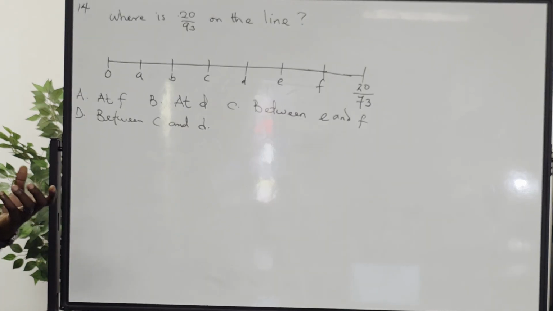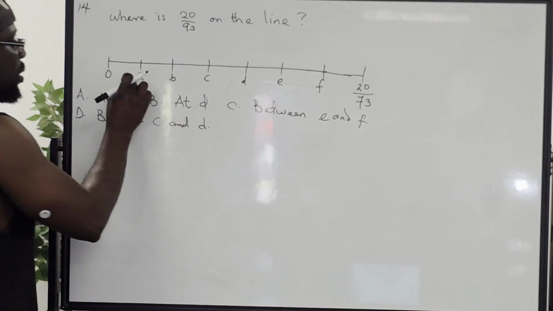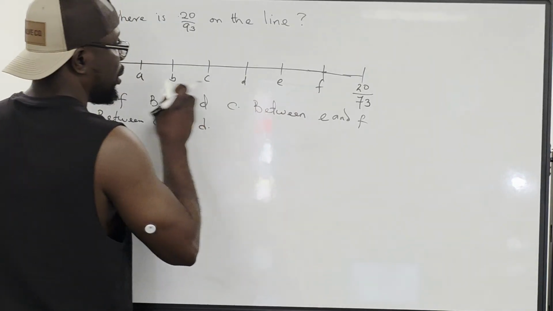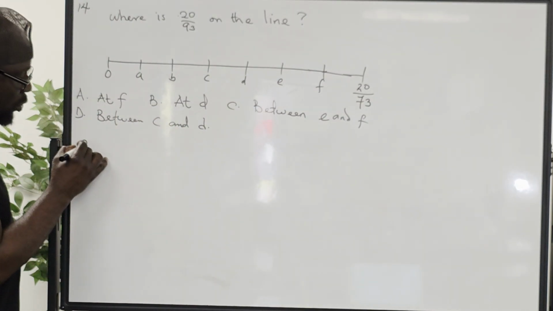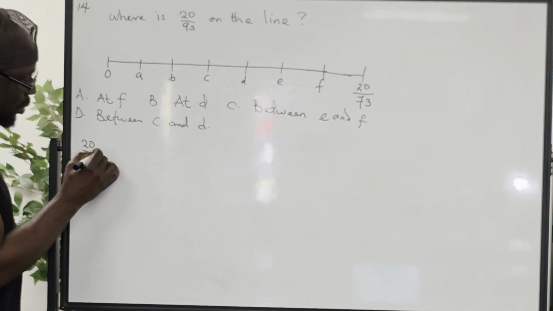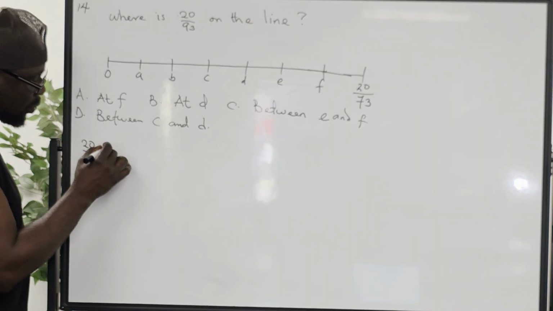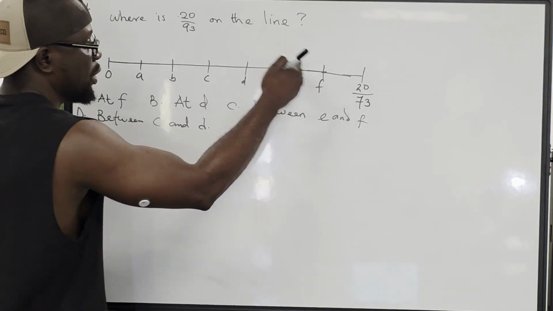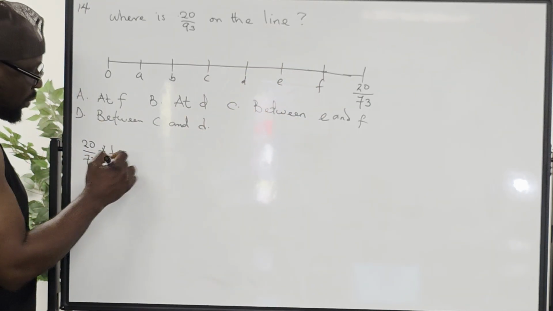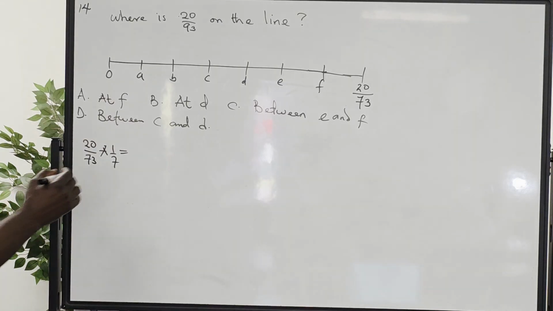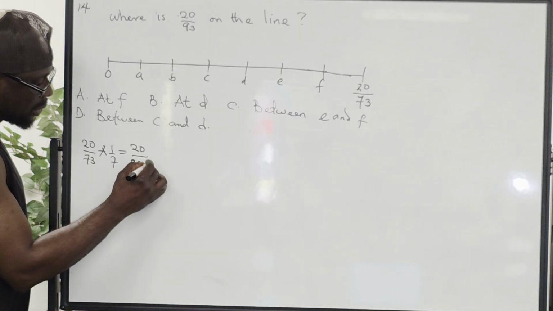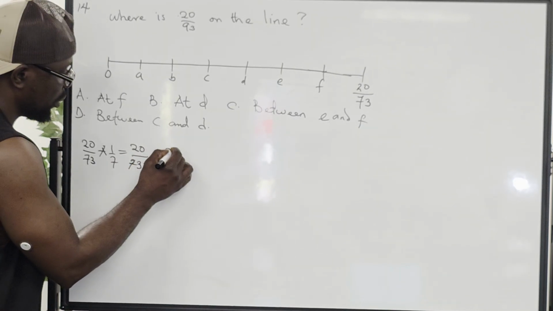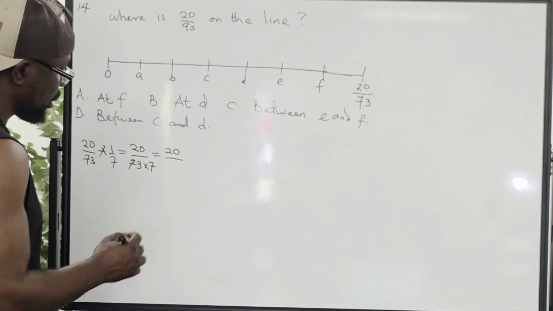So if you add this number from here to here, you should get 20/73, which means that 20/73 times 1/7 will give me each of these lines, right? So let's do the math. 20 divided by 73 times 7. So this gives us 21.